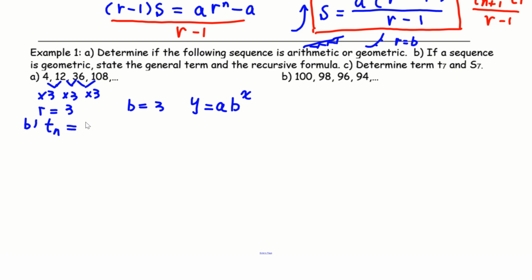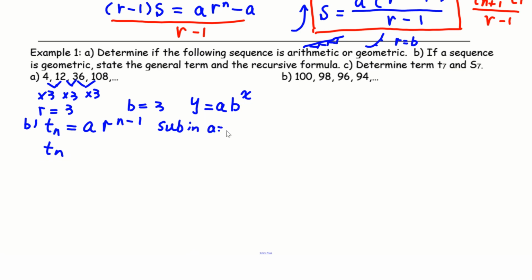So a is the first term, and for b we use the common ratio, and for x we use n minus 1. It starts from n equals 1, so 1 minus 1 is 0. So that is why we change it to n minus 1. So we are going to sub in a and r.